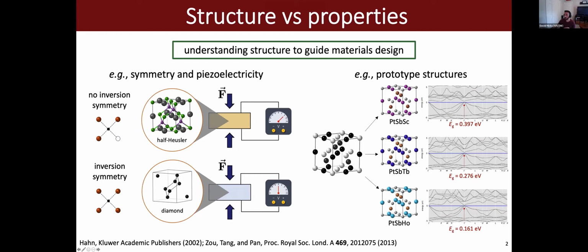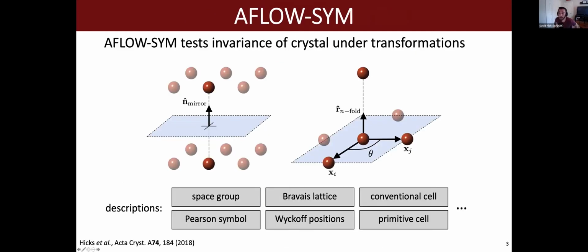Okay, to start, we are going to be discussing the AFLOW-SYM software. AFLOW-SYM determines the invariance of a crystal under transformations. Basically, we're transforming the atomic positions and trying to see if we can map them onto one another to identify some symmetry elements.